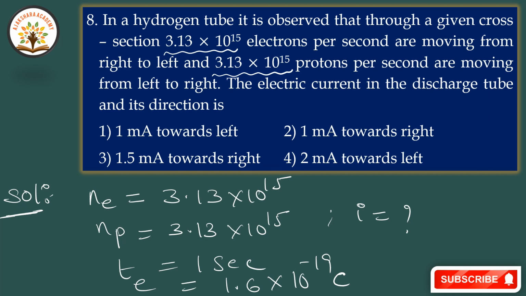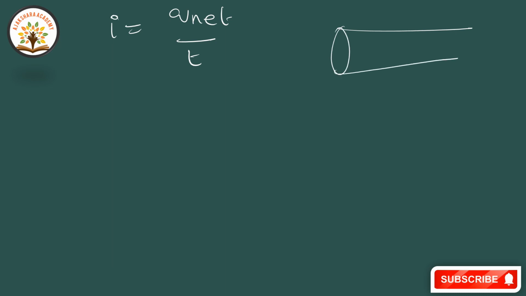So I is equal to Q by T. See, this is the discharge tube, with protons and electrons.